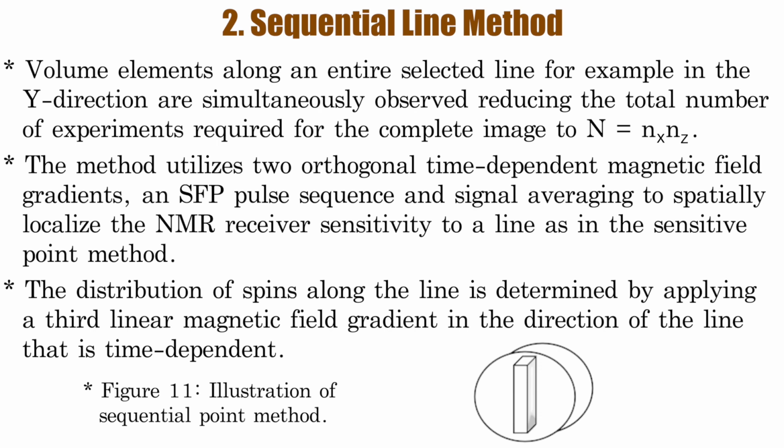The distribution of spins along the line is determined by applying a third linear magnetic field gradient in the direction of the line that is time dependent. The NMR frequency would thus directly correspond to the spin density distribution along the line and can be obtained by the Fourier transformation of the time averaged FID signal.